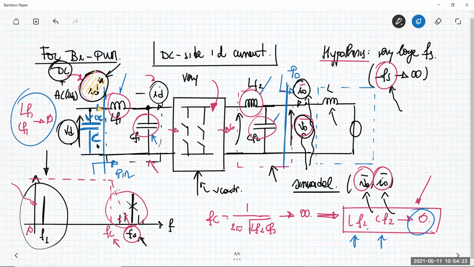So basically now the ID contribution that I have here is only DC.